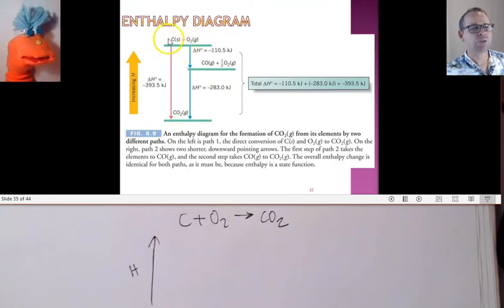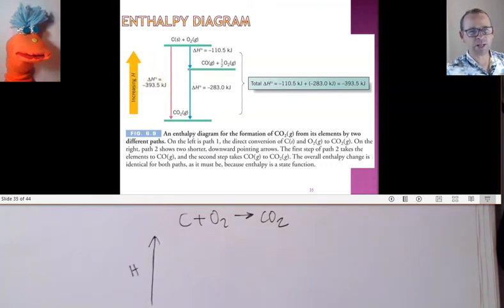So the reaction, if it proceeds in one step, releases all this energy. But if it proceeds in a half step and then half again, it will release the same amount of energy, but in smaller portions, in aliquots that add up to the total.